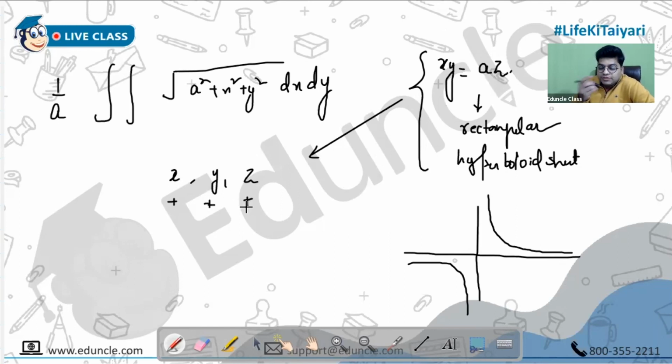Why? Because it is given that a is a positive real number. A is not negative. Whenever this is given, a is always positive. So if you give some positive, then xy is equal to az. So this is a rectangular hyperboloid sheet in the first octant.